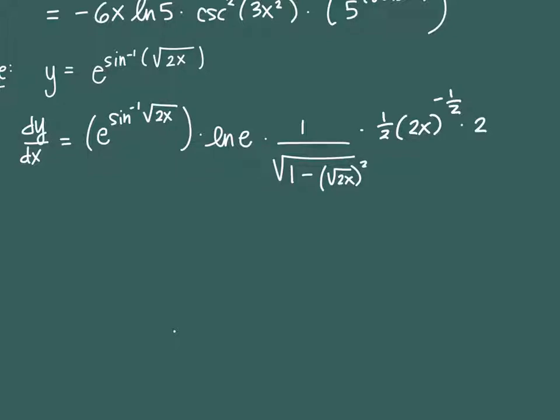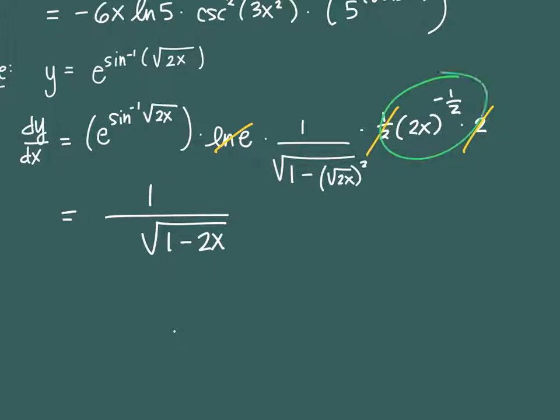So we have a ton of different pieces all going on here. So what I'm going to do to simplify this is that the 1/2 that's in front of the parentheses and the 2 that's part of the chain rule at the back, those two will reduce. The natural log of e is going to simplify to 1. So altogether, I'm going to have 1 over, in my square root, I can simplify that to be 1 minus 2x, because I have a radical that's being squared.